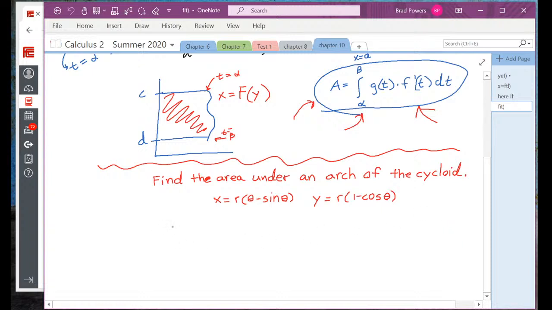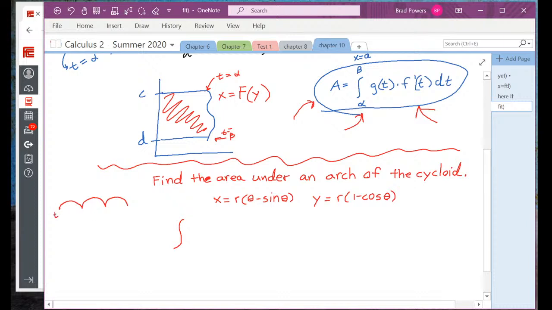So, the first thing you'd have to do is do the work and figure out what one arch of this looks like. What values for theta get me one arch? If you don't remember, it looks something like this. I showed you this little graph in an earlier video.